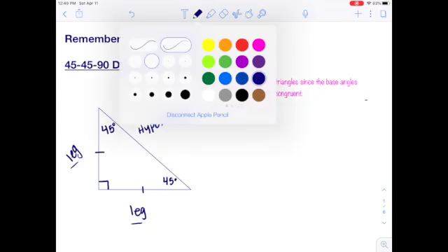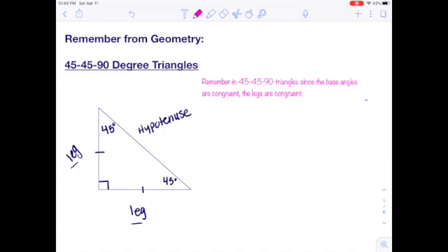You'll notice that in geometry, we talked about the special ratio of each of the side lengths in a 45, 45, 90 degree triangle. To derive that again, if I call the bottom leg 1 unit, whatever measure you want, the other leg would have to be 1 unit as well.